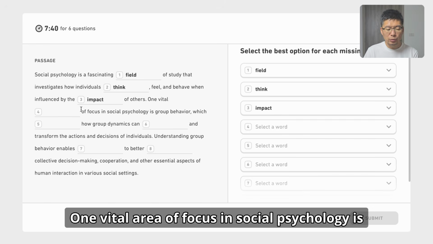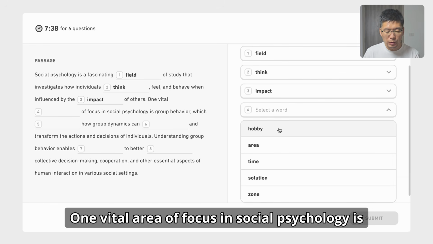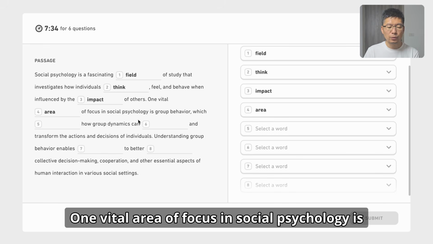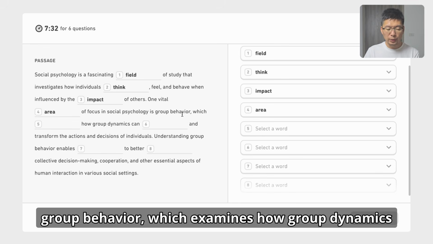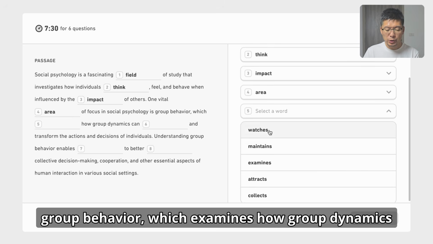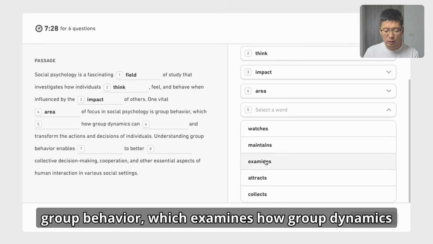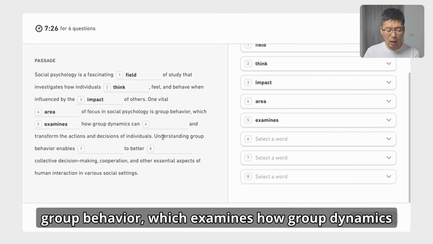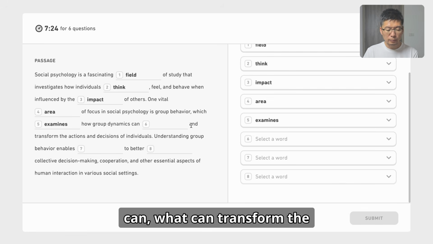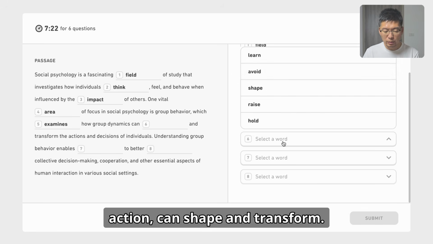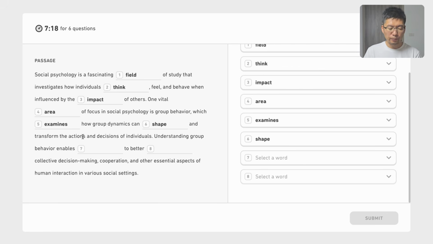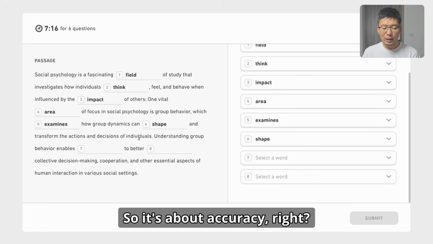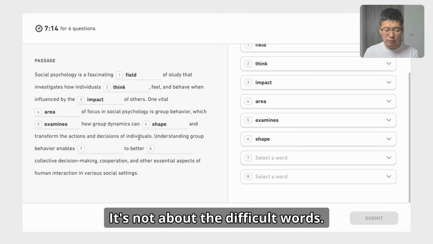One vital area of focus in social psychology is group behavior, which examines how group dynamics can shape and transform the action. So it's about accuracy, right? It's not about difficult words.